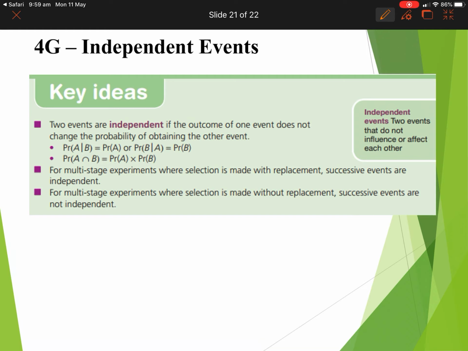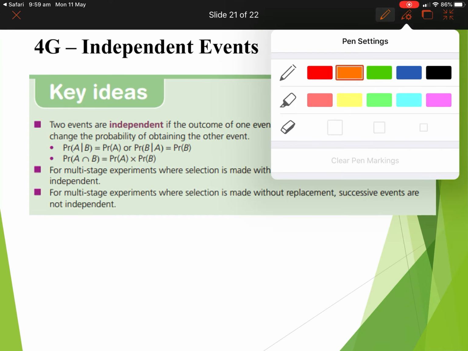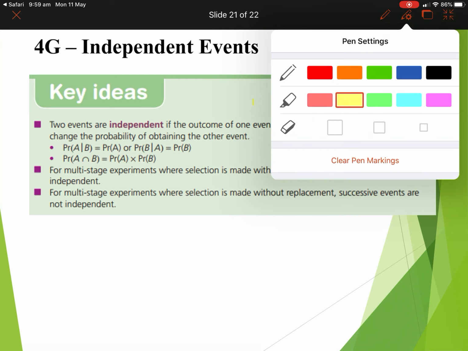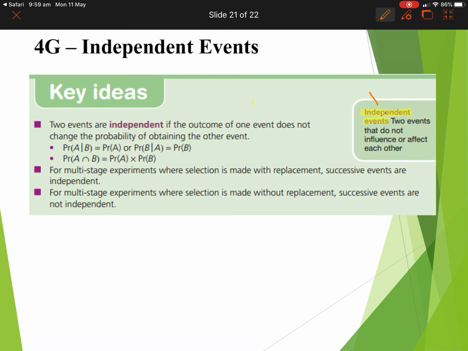An independent event, let me get my highlighter. Okay, independent events are when you have two events that do not influence or affect each other. A couple of examples: something that will happen doesn't influence the thing that happens next.